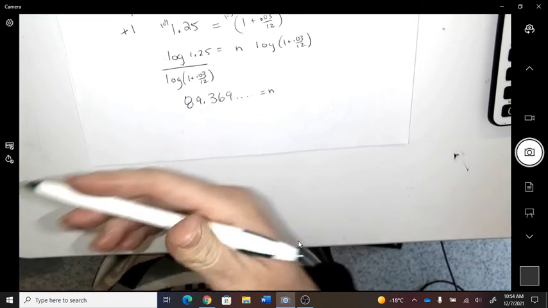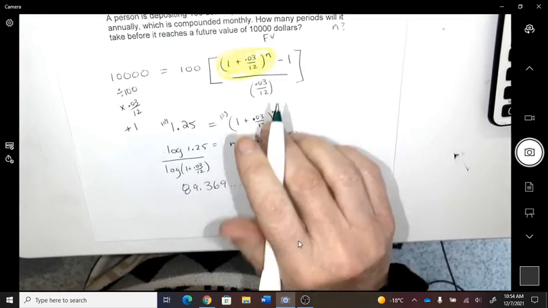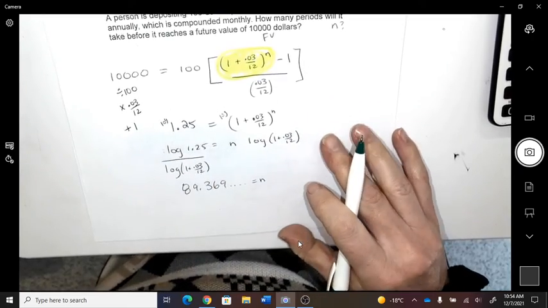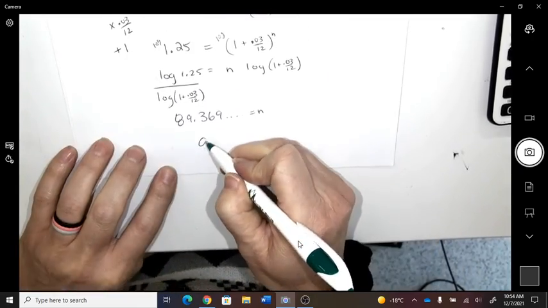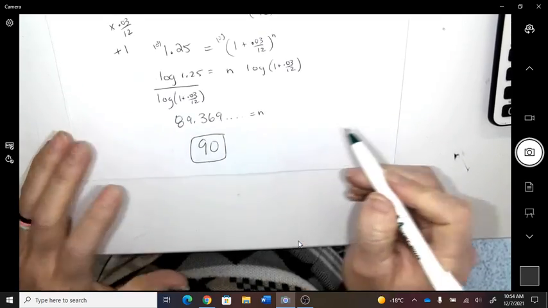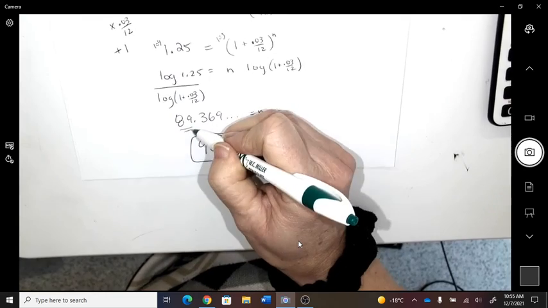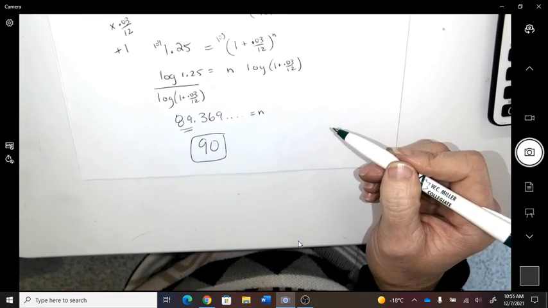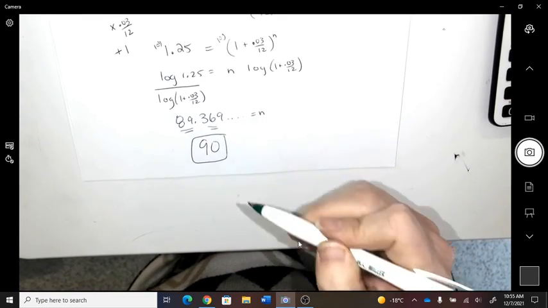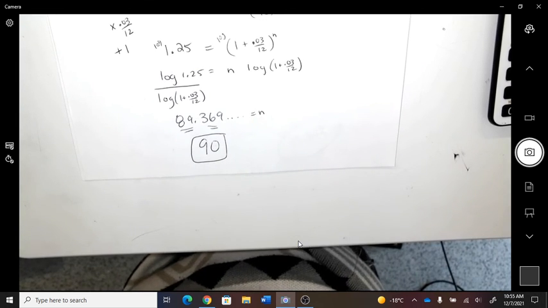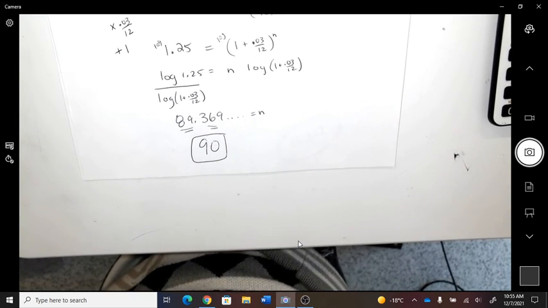Okay, so that's how that's working. So this question just says, how many pay periods? So we're going to need 90. You always have this many full payments, and then you have another payment that would be a partial payment. So that would make 90 payments.